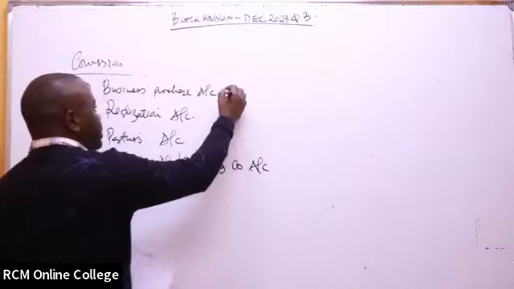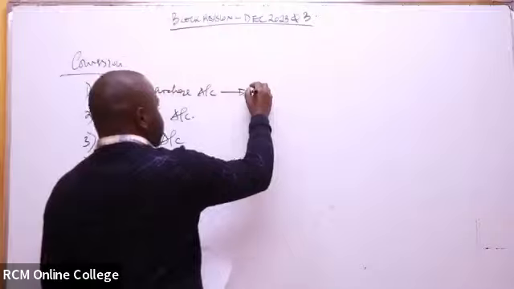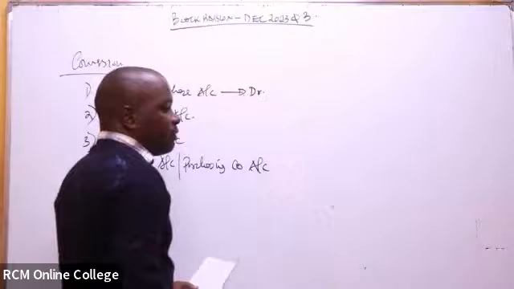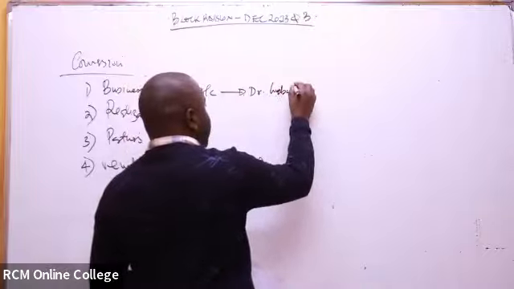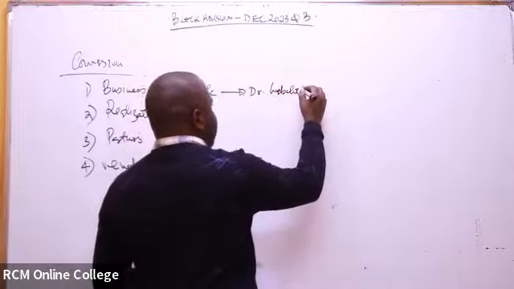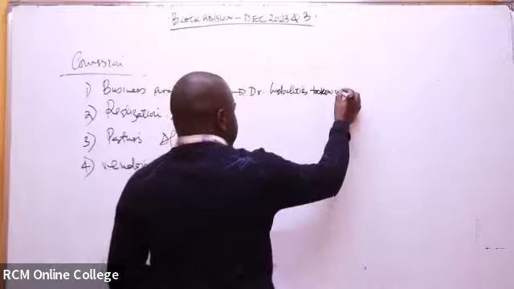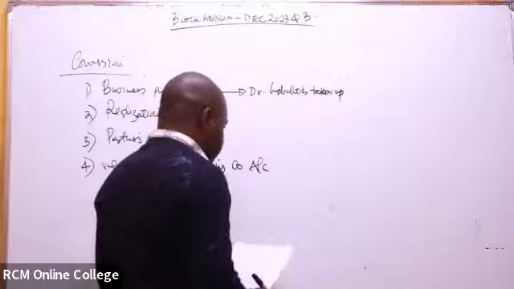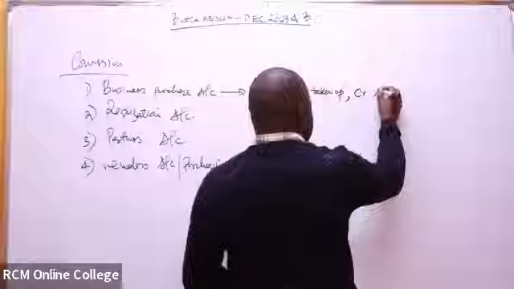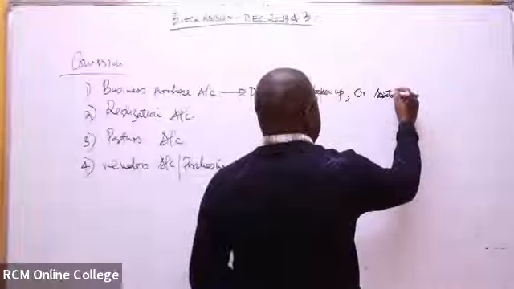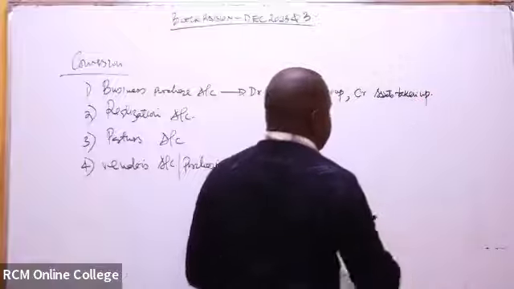So with this one, we said you likely debit all the liabilities which have actually been taken up by the newly formed company. Then you'll credit the assets which have actually been taken up by the newly formed company.